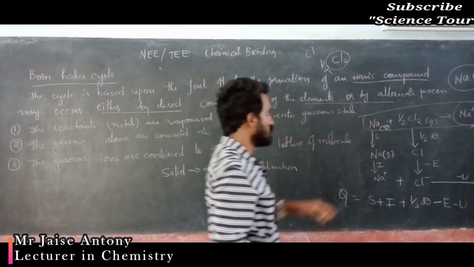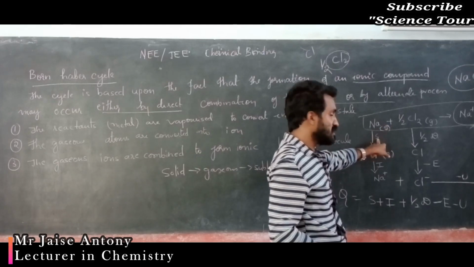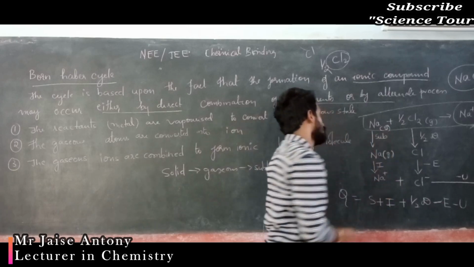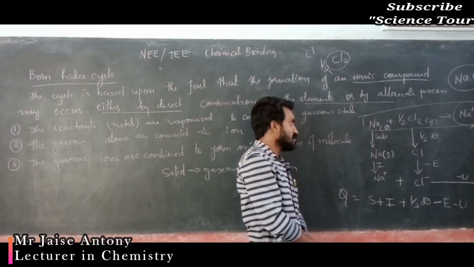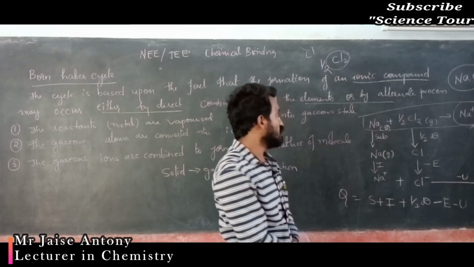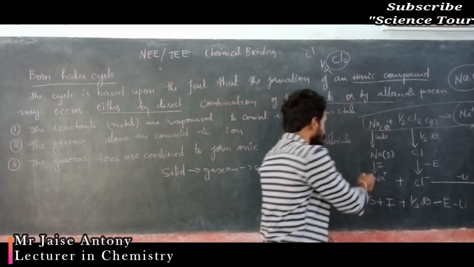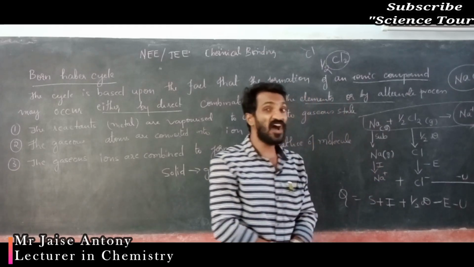So the first step is over. Here I mentioned sodium solid in brackets, and this represents the sublimation process. Here I will write sublimation, otherwise you will get confused. Sodium gaseous. Now the second step is that the gaseous sodium has to be converted into ion form.